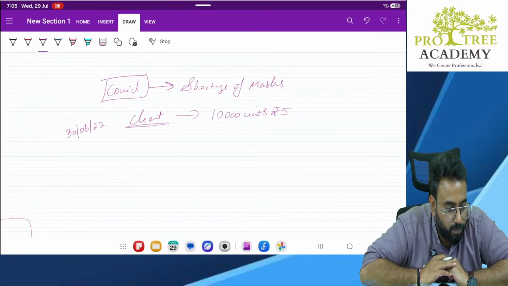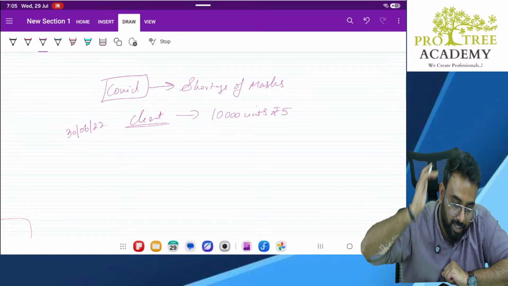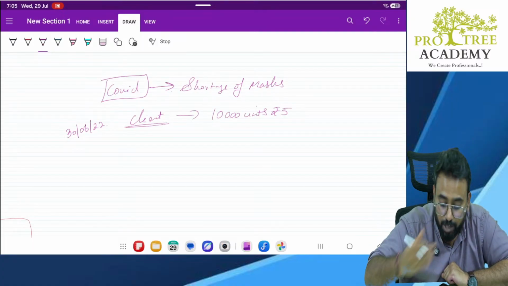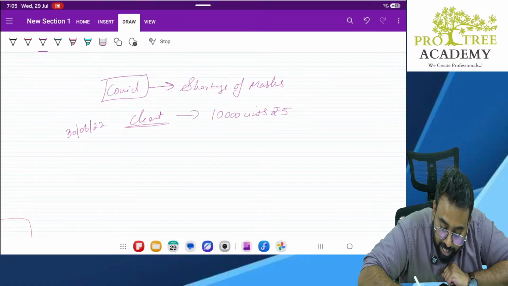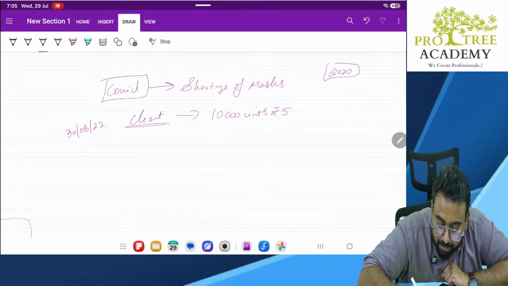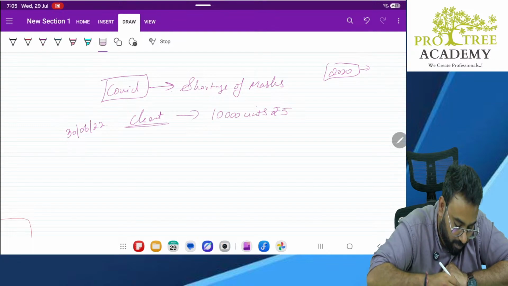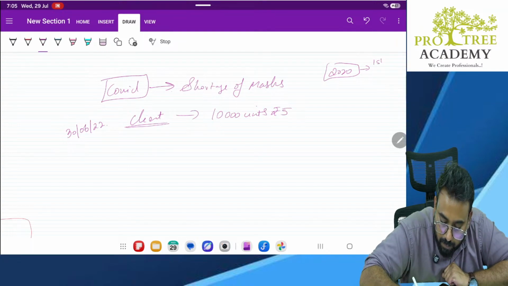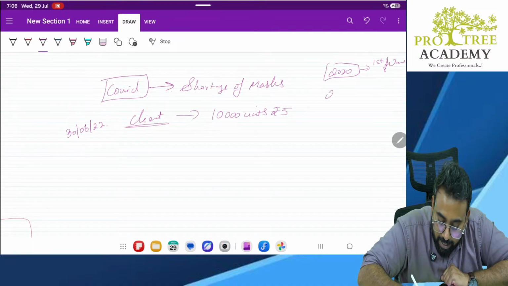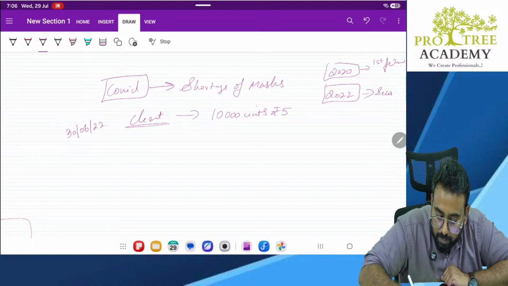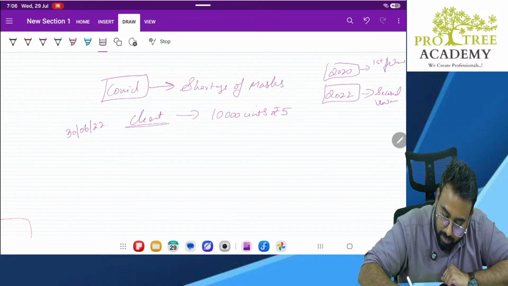Now, if you remember correctly, maybe if I also remember correctly, in 2020 we got the first wave. Correct? 2022, I guess, sorry.